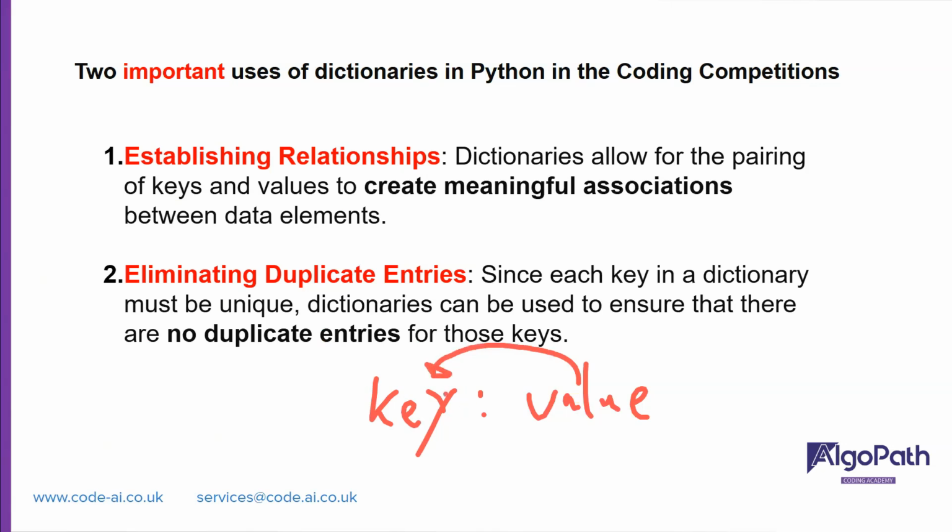It could be students in a classroom, it could be fruits in a shop, it could be anything you want it to be. And the most important part, really, which is why these are used, is you don't have any duplicate entries. They are inherently deleted from the database if you have any, or overwritten might be a better way of explaining this. Like we saw before with the apples, when you put a second key in with the same name, then it overwrites the previous one. So these are the main two concepts of why we need to understand this, particularly for coding competitions.